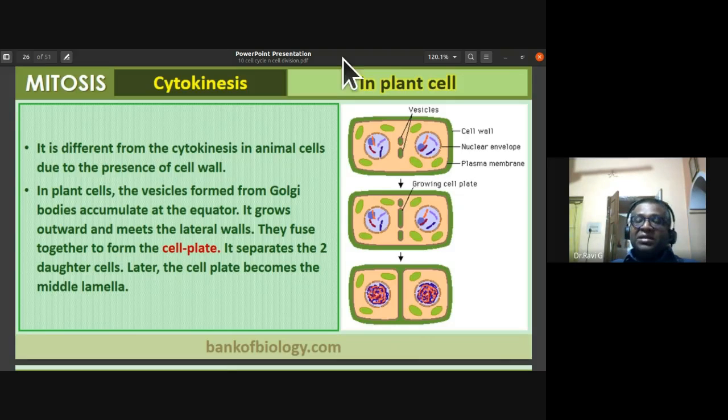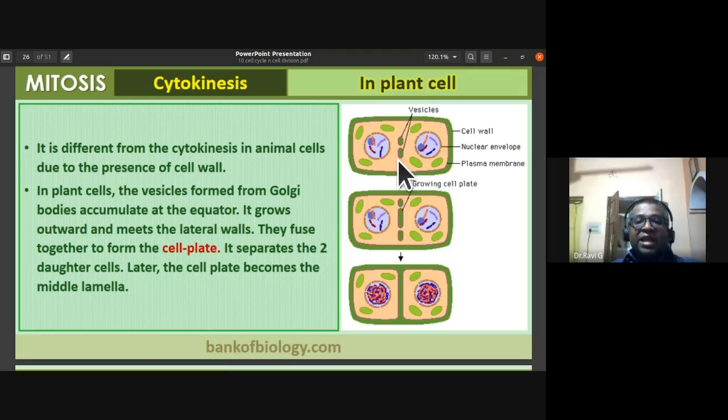So in plant cells, the cytokinesis is different from that of animal cells because the plant cell has a cell wall. There is no furrow formed which deepens and meets at the center. Rather, here the Golgi bodies produce the vesicles which are found at the equator.